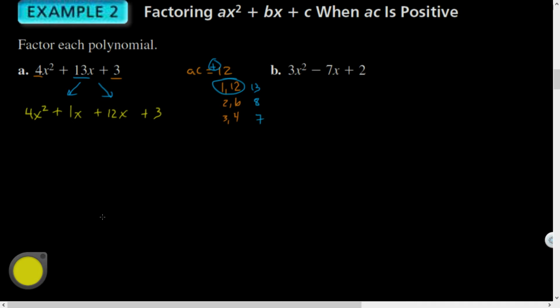That is the trickiest step. Let's just recap. Multiply AC, find the factors of AC that add to 13, my B term, and then split the B term into those factors for their coefficients. We'll practice plenty of these. Don't worry, we've got a couple days we're spending on this.